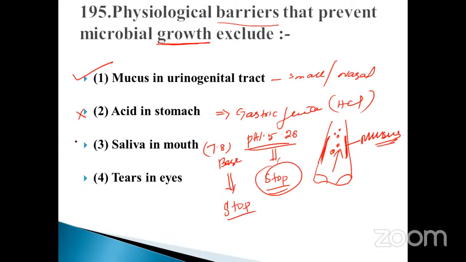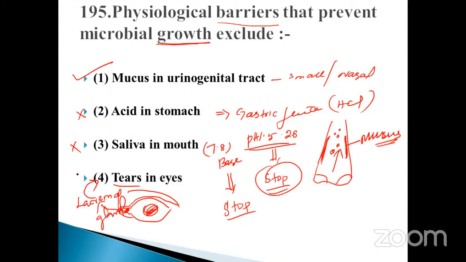The last one is tears. Tears are secreted by your eye, isn't it, my dear? This is considered the lacrimal gland, which produces the tears.